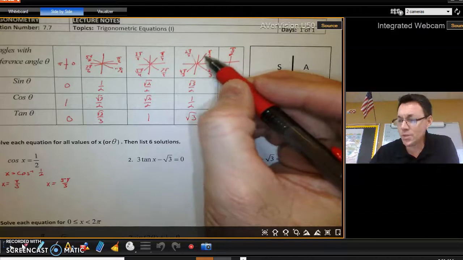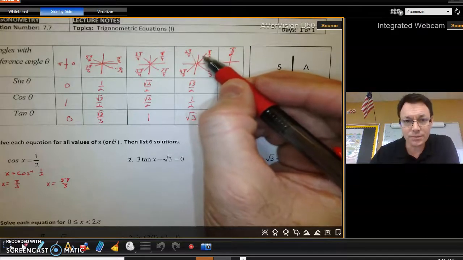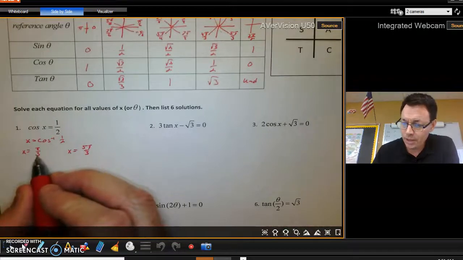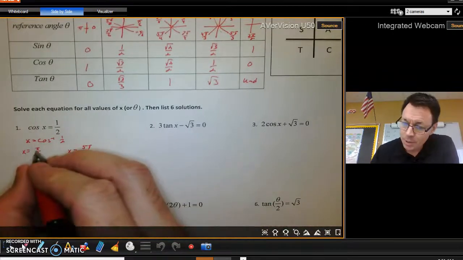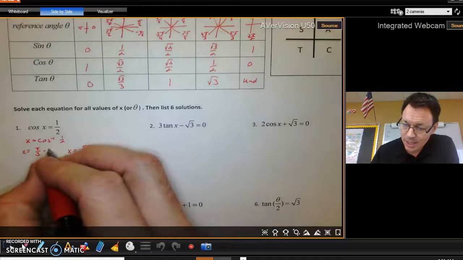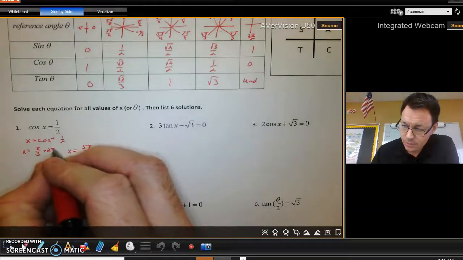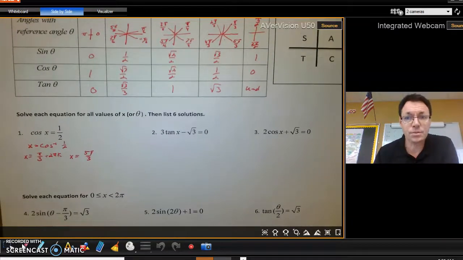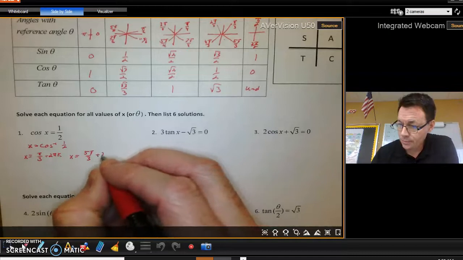And if we do another circle, we'll land on another angle that has a cosine value of 1/2. So not only does pi over 3 solve our equation, but pi over 3 plus any multiple of 2 pi is going to land on that exact same coterminal angle, and it's going to be another solution. Same with this.